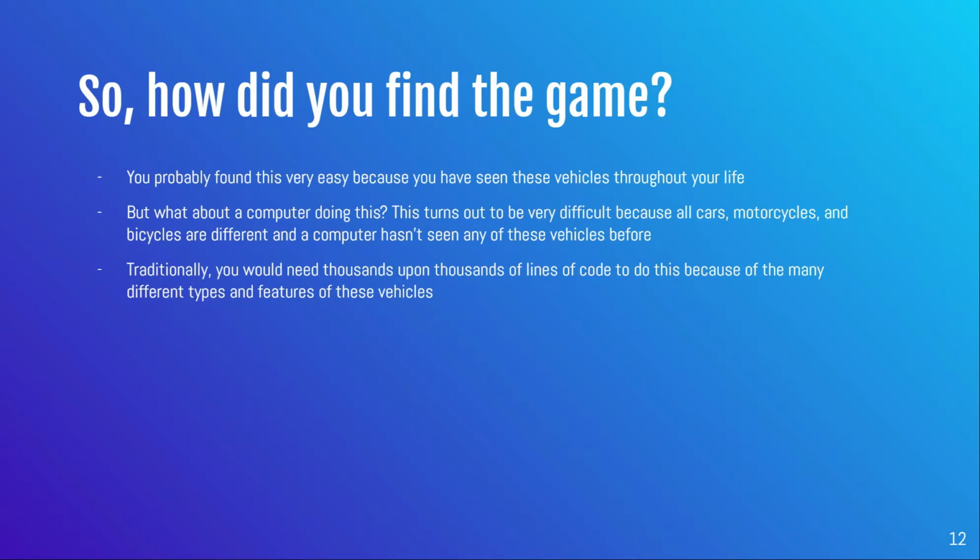So if you're trying to train a computer to tell the difference between these with regular programming, it would take thousands upon thousands of lines of code because you'd have to train the computer to recognize each and every type of car, bicycle, and motorcycle, regardless of its shape, size, or color. And this is just to tell the difference between these three vehicles. If I gave you a new problem or any new thing to compare, you'd have to start all over again.